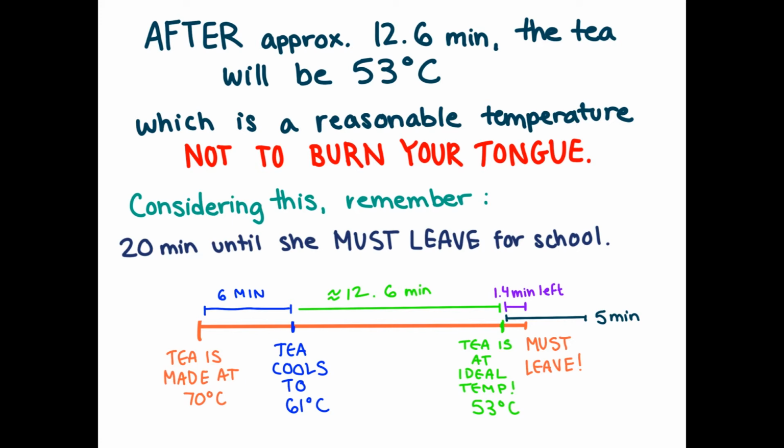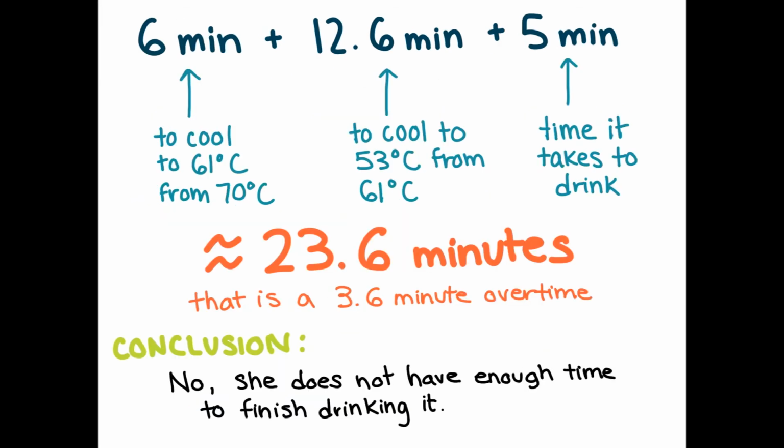As you can see in the little timeline graph that I made, after the 12.6 minutes, she only has about 1.4 minutes left before she has to leave, meaning since it takes her 5 minutes to drink it, there's going to be some overtime. So in all, the whole process took about 23.6 minutes, but Melanie has to leave within the 20 minutes that the tea was made.